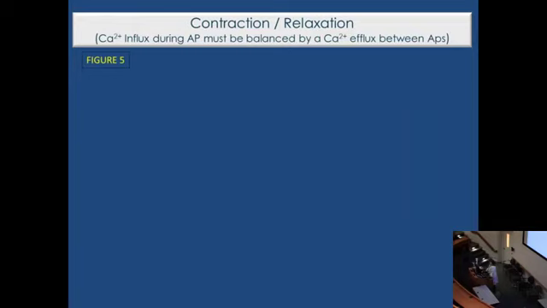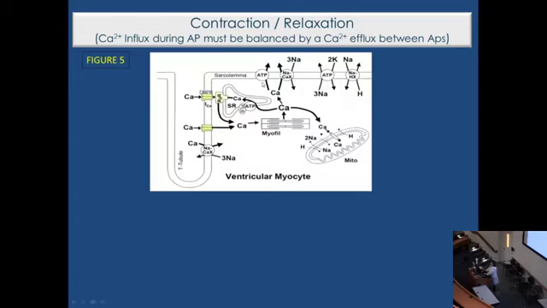Okay, so we have talked about that calcium is needed for contraction. This is true for skeletal and for cardiac muscle, but also in order for the cell to relax, calcium needs to go back to the resting levels, right? And I have here this cartoon to put this in context. The key players in this calcium balance are the DHP receptor and the ryanodine receptors.